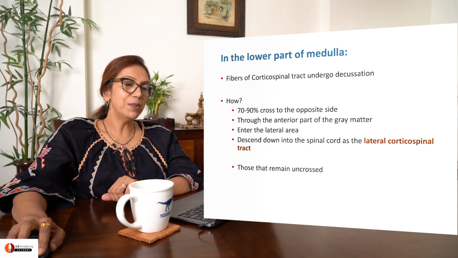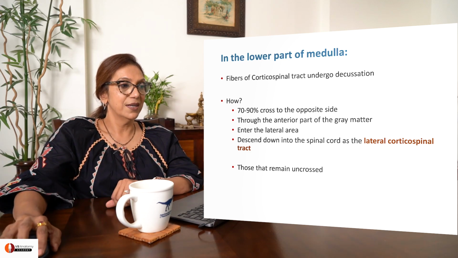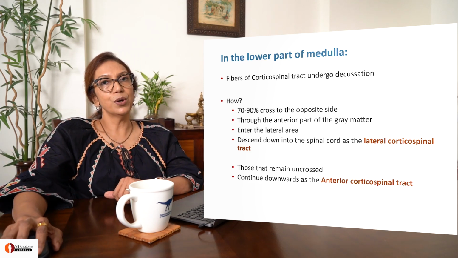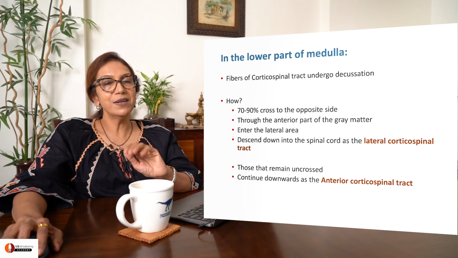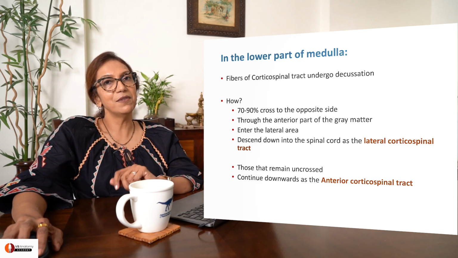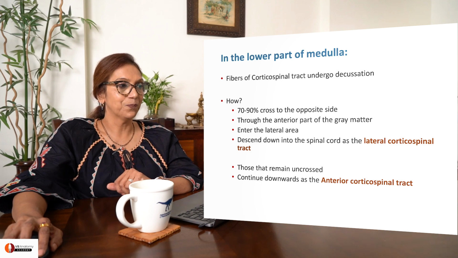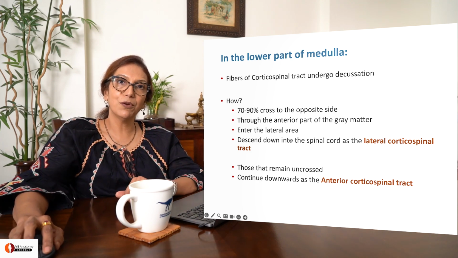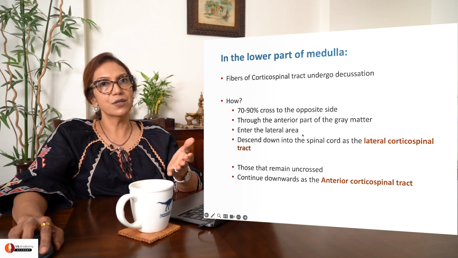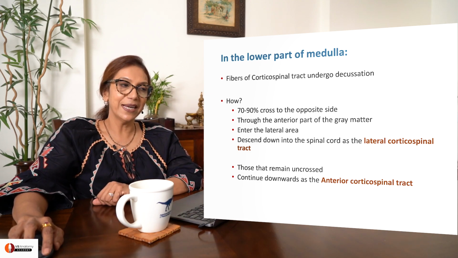The rest of the fibers descend down uncrossed and form the anterior corticospinal tract. There are finer nuances to this, but I am not discussing those because they can be done when we do descending tracts later. So this is what has happened in the medulla. Fibers have crossed, those remain uncrossed, form the anterior corticospinal tract.